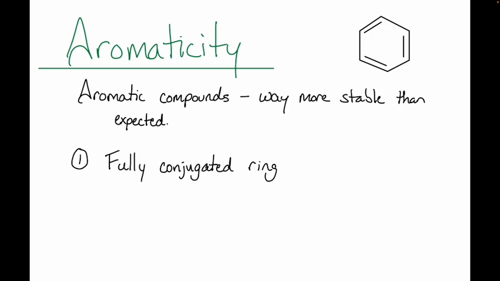The second rule seems to come out of nowhere, and we'll talk about this a little bit more. But not only do you have to be a fully conjugated ring, you also have to have an odd number of pi bonds, of delocalized electron pairs within that ring.